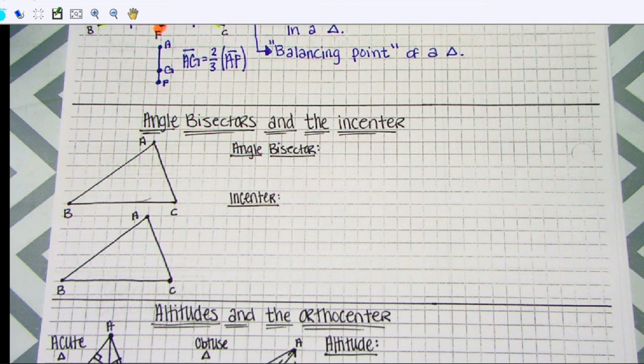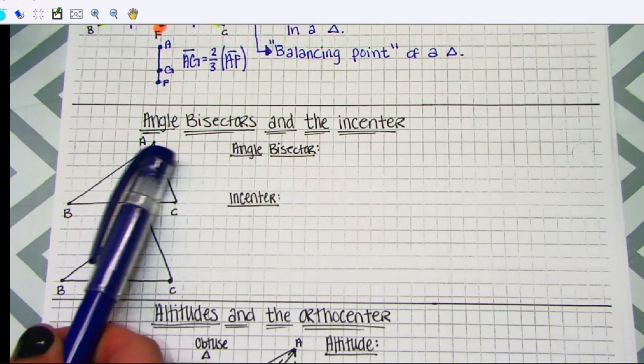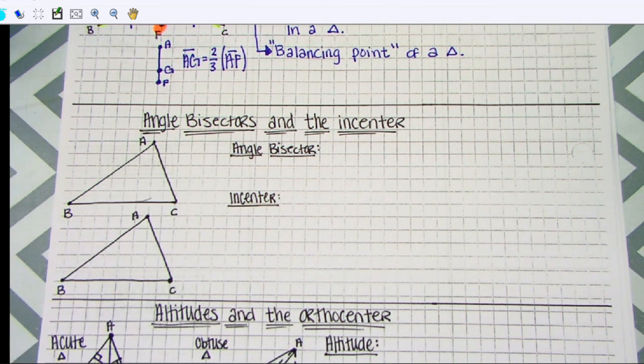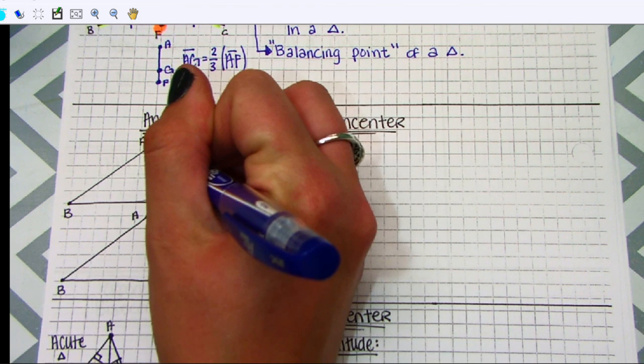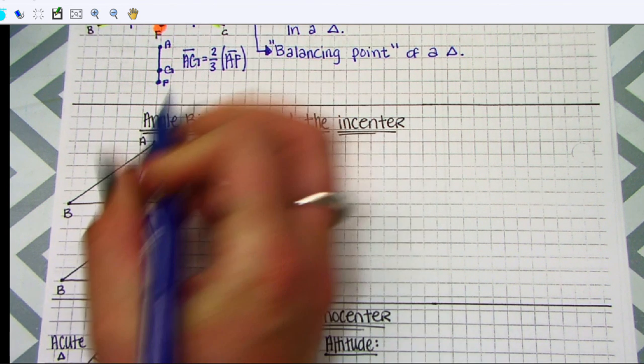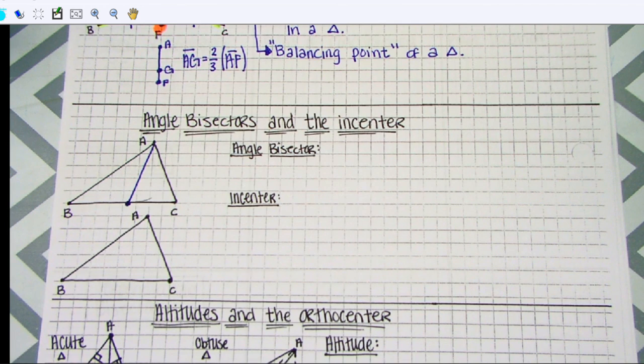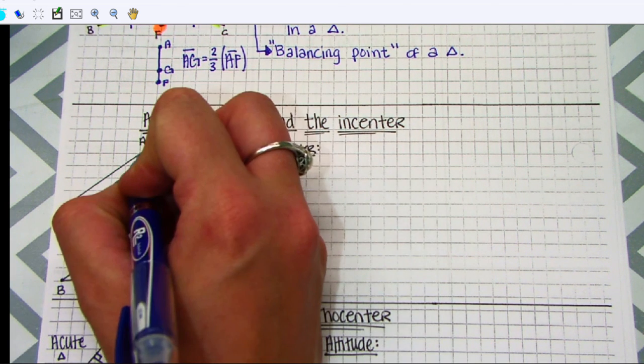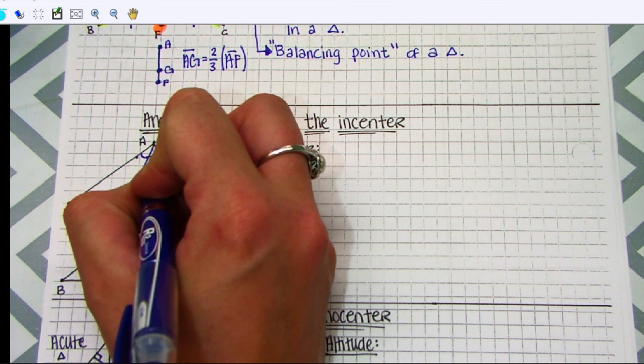Angle bisectors have to go from the angle to the side. They have to go from the angle to the side. So we're going to draw the best we can. This angle down to about here, a little bit to the left of A. And what that's done is it's dividing this angle into two equal parts.